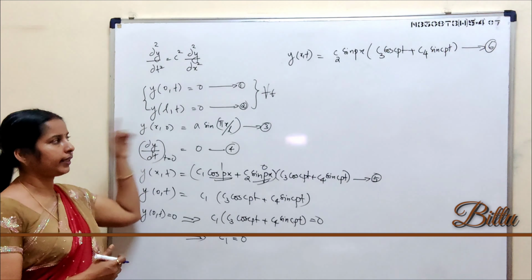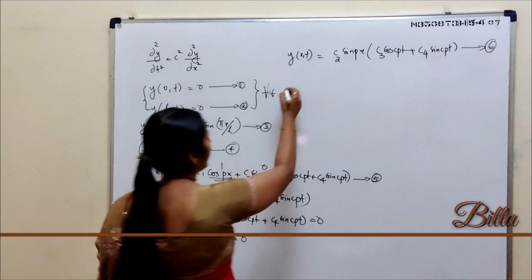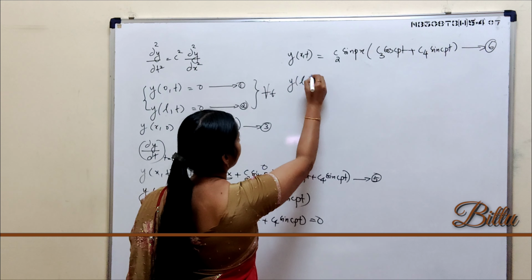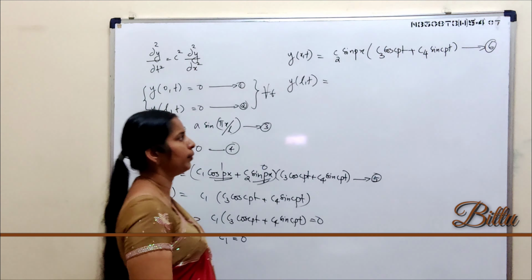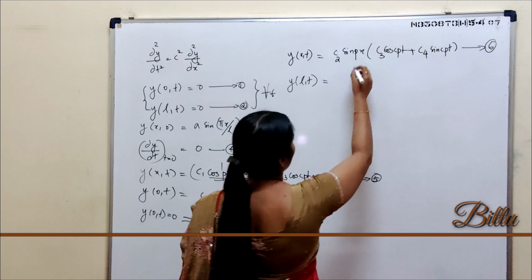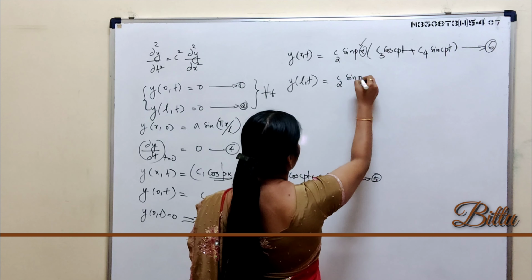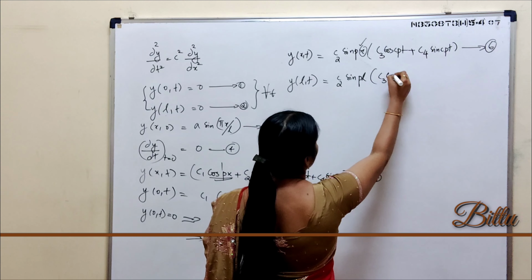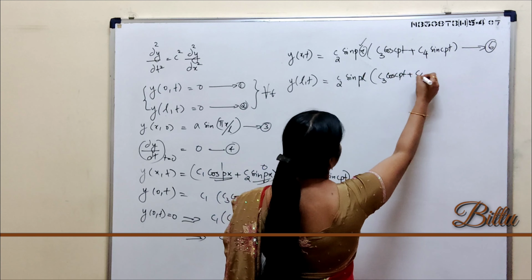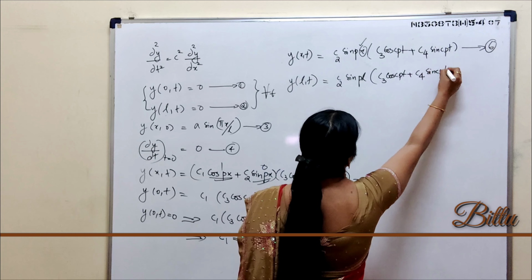Next we have to apply the second condition. For that you write y(l,t). For getting y(l,t), you put x = l, since only here you can see x. That is sin pl (c3 cos cpt + c4 sin cpt).